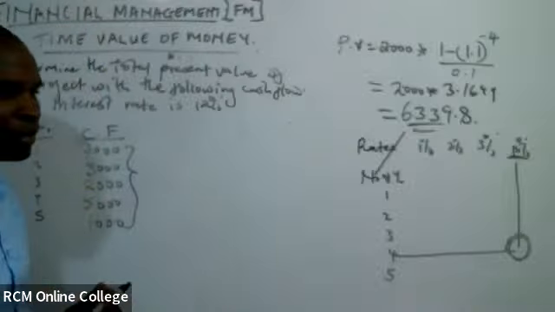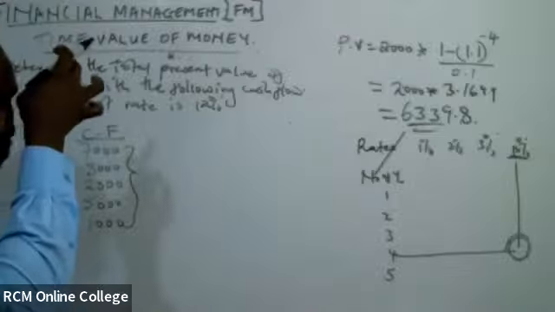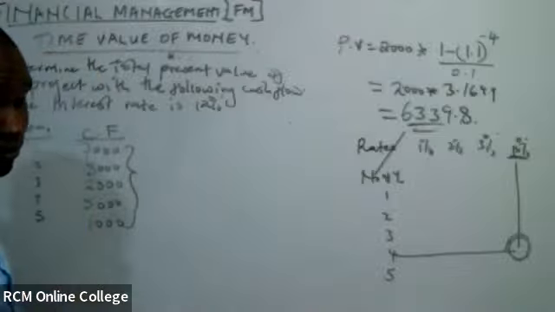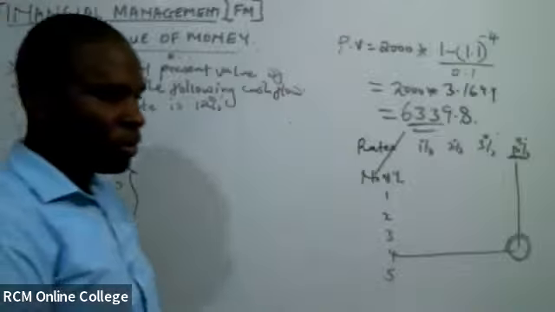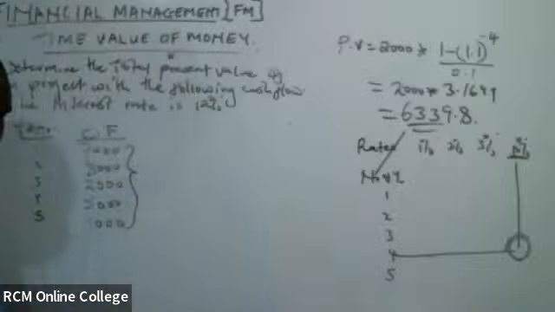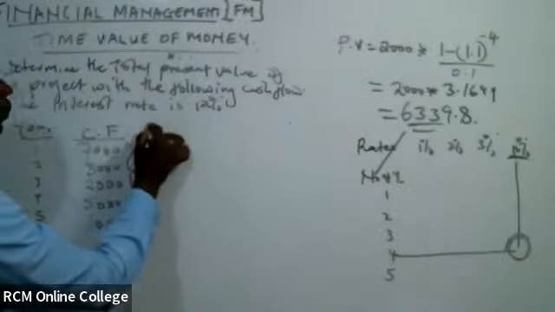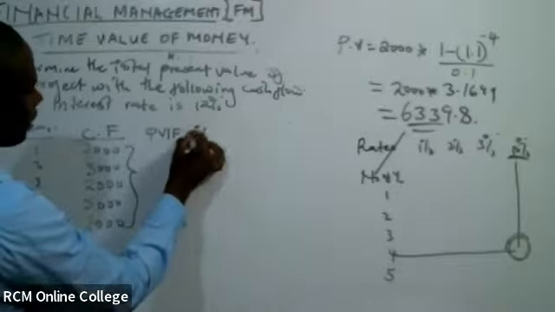Are we going to use PVIF or PVFA? It is PVIF. So we discount using PVIF, not 10 but 12%.